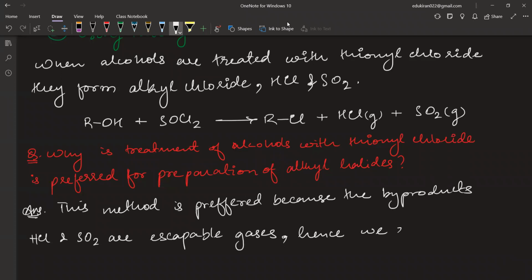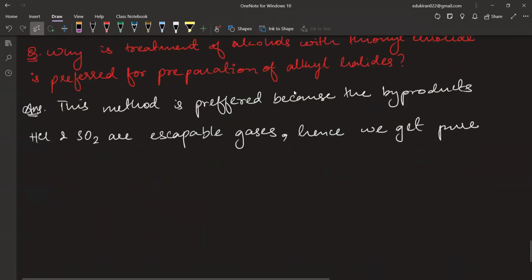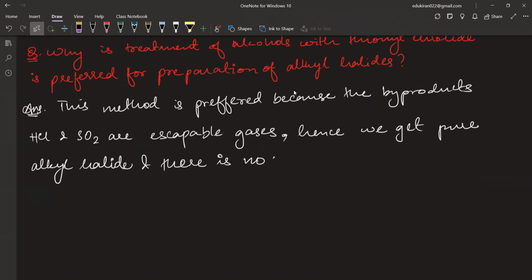Hence, we get pure alkyl halide and there is no need of purification. So please write this down. Let me know when you're done.